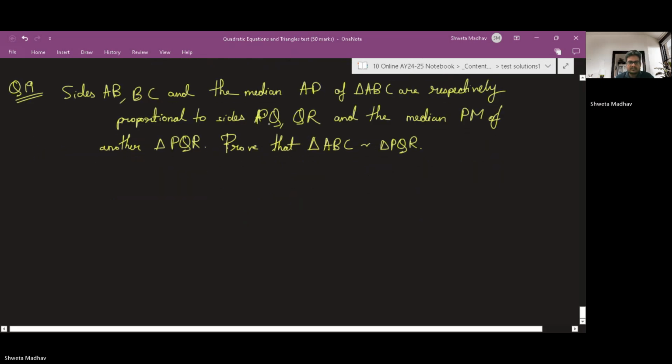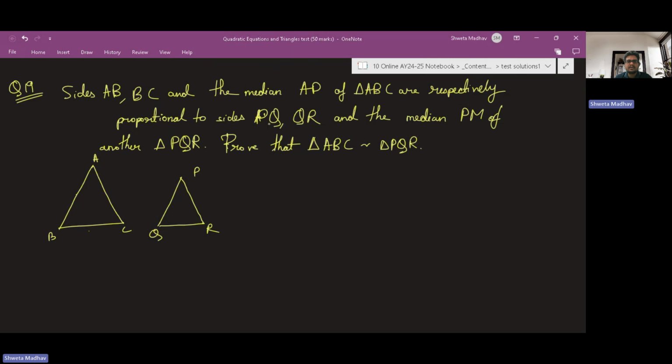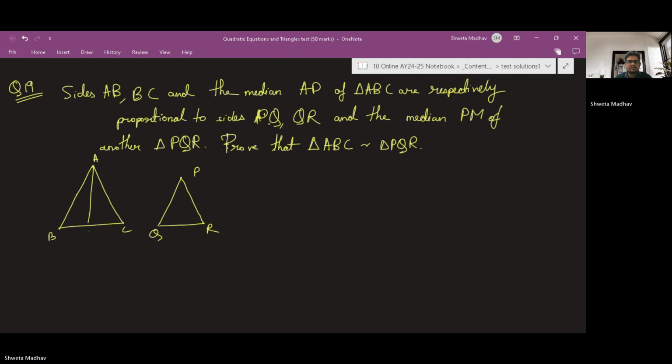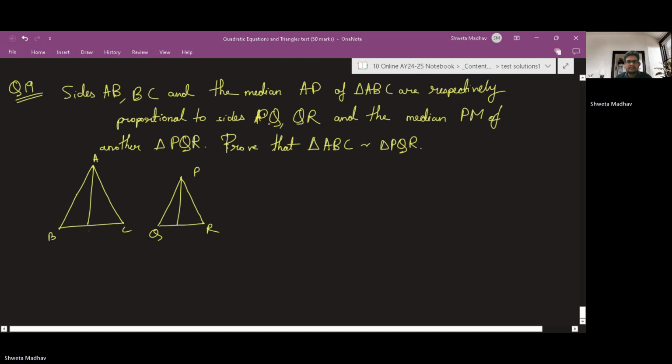So here, first to draw the figure. So this is ABC and this is PQR. It is given AB and BC are proportional to PQ and QR, and the median AD and PM are proportional.